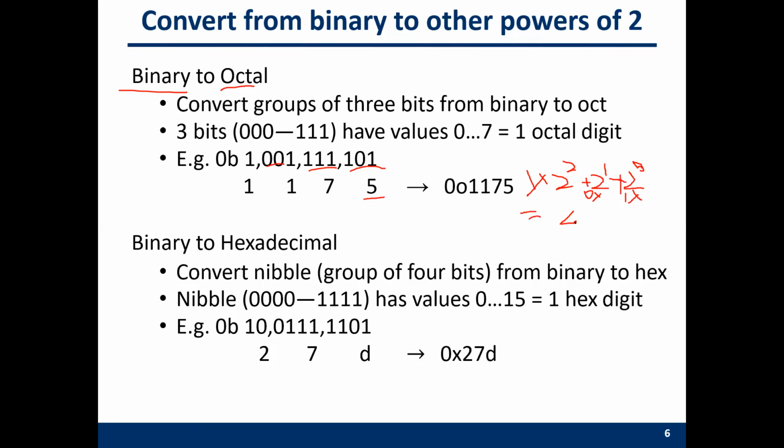This is 4 plus 0 plus 1, which is a 5. So how to convert a binary number to base 8? We do the grouping first. Group 3 digits into one group and convert each group to a decimal number. This is the value of the base 8 number.